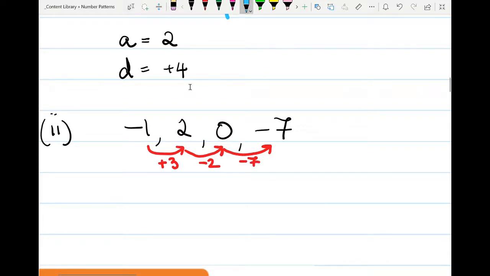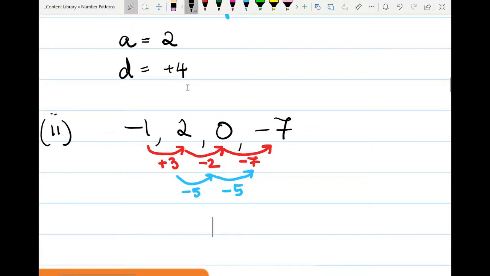Here are the first differences. So what about the second difference? Well, from 3 to minus 2 we subtract 5, and from minus 2 to minus 7 we subtract 5 again. So the second difference, or the pattern in the differences, is minus 5.